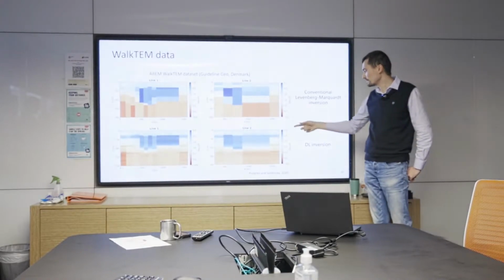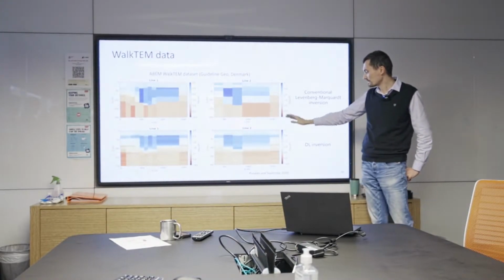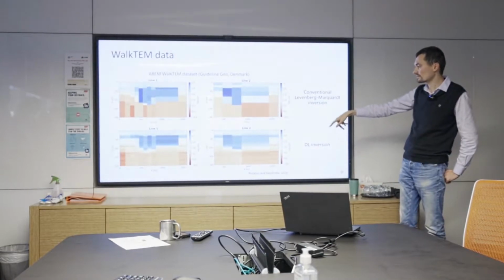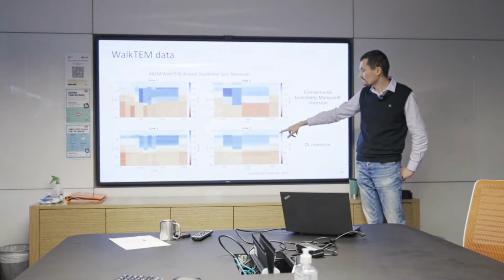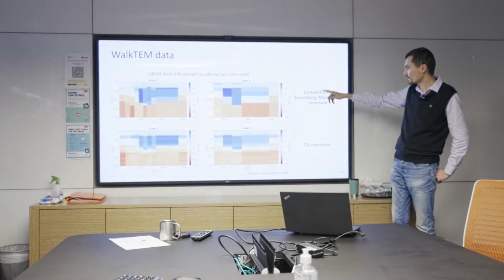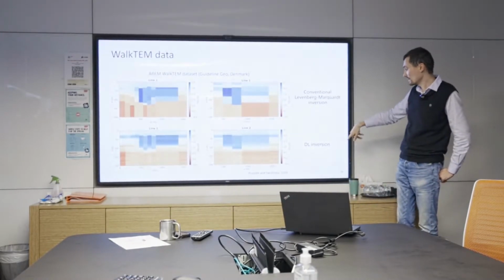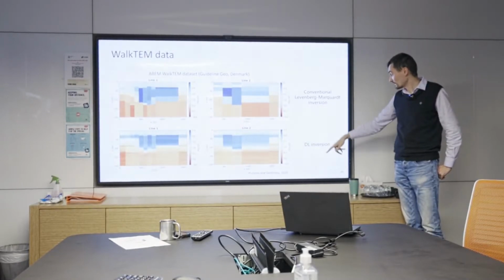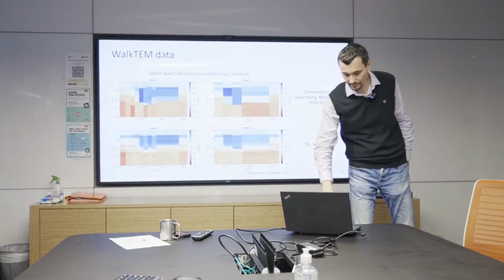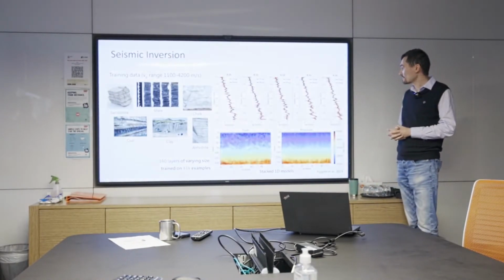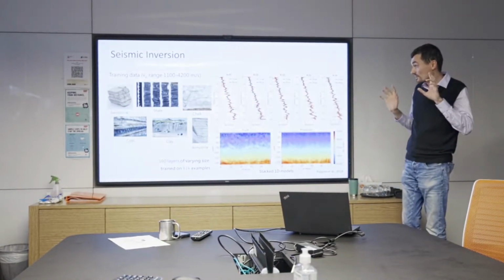Our model had 50 different parameters, so we had fixed layer widths, but many more layers. As you can see, the results are quite similar with small differences, but using different methodologies we can get results similar to conventional inversion, and this is again executed in less than 1 second. Similar results for seismic inversion, for a 1D approximation of seismic inversion.